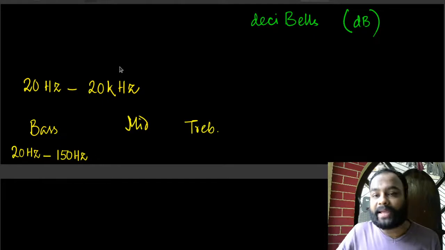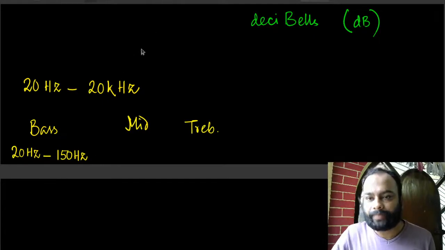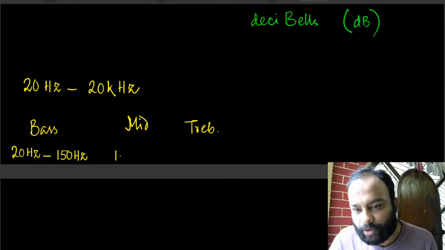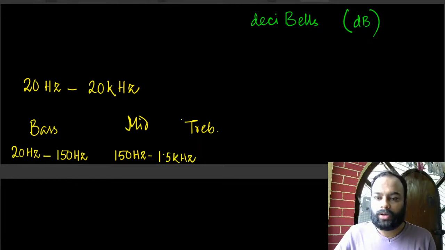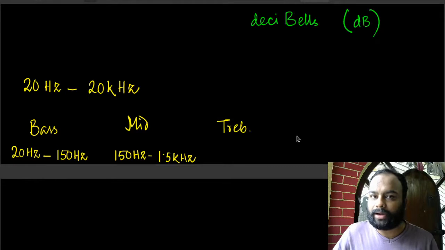So now the mid-range frequencies that we have are from 150 hertz to about 1.5 kilohertz. Again, these are just some rough values.